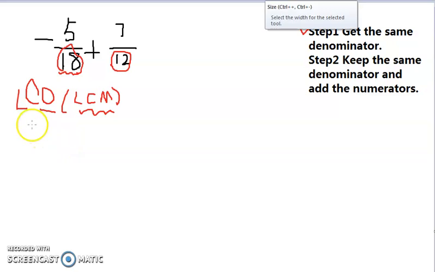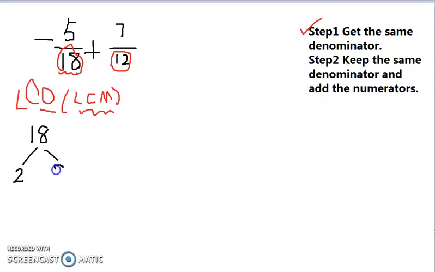We start with the first number, 18, and we're going to break it down. With 18, we can use the factoring tree to break it down as 2 times 9. We start with the smallest prime number, 2.